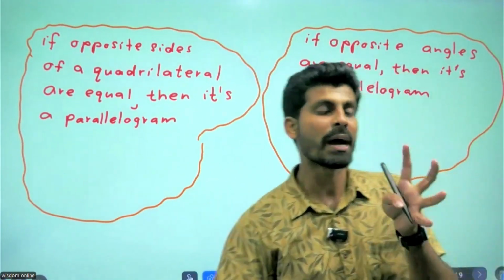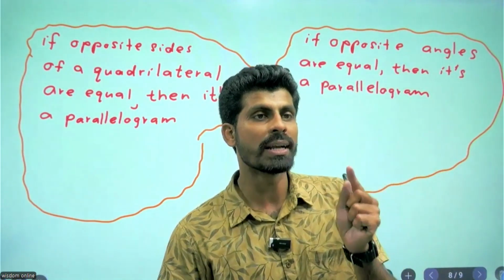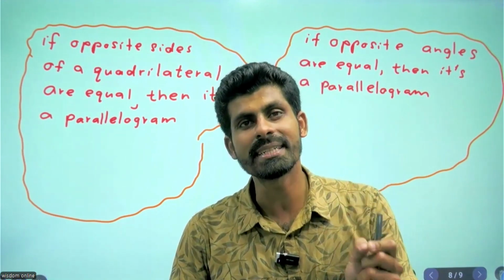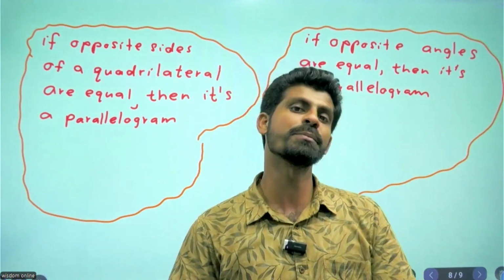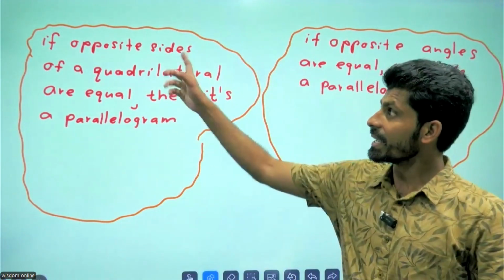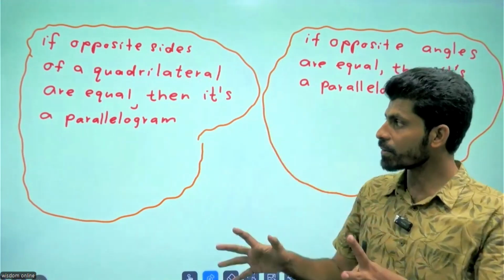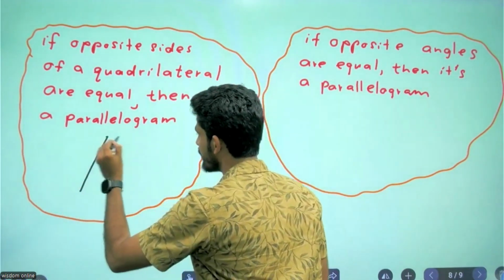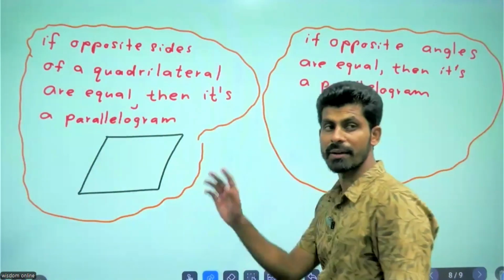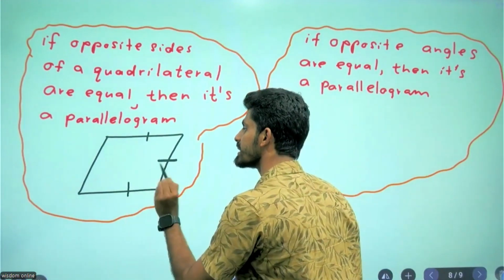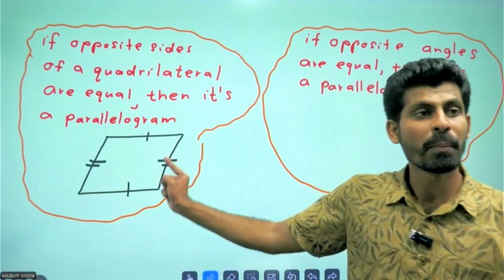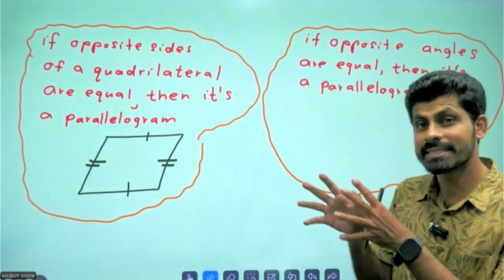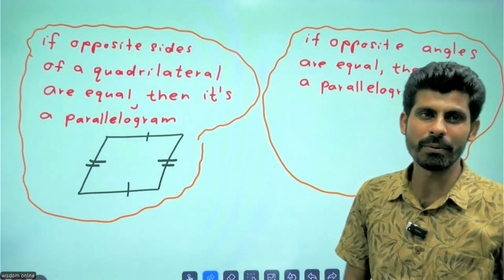Now we are going to learn what conditions should be satisfied for a quadrilateral to be a parallelogram. If opposite sides of a quadrilateral are equal, then that is a parallelogram.